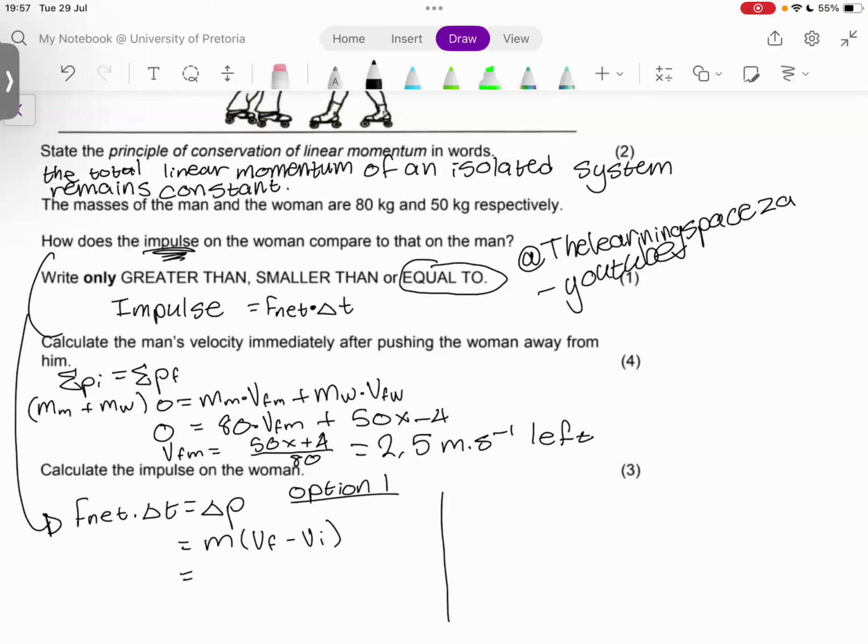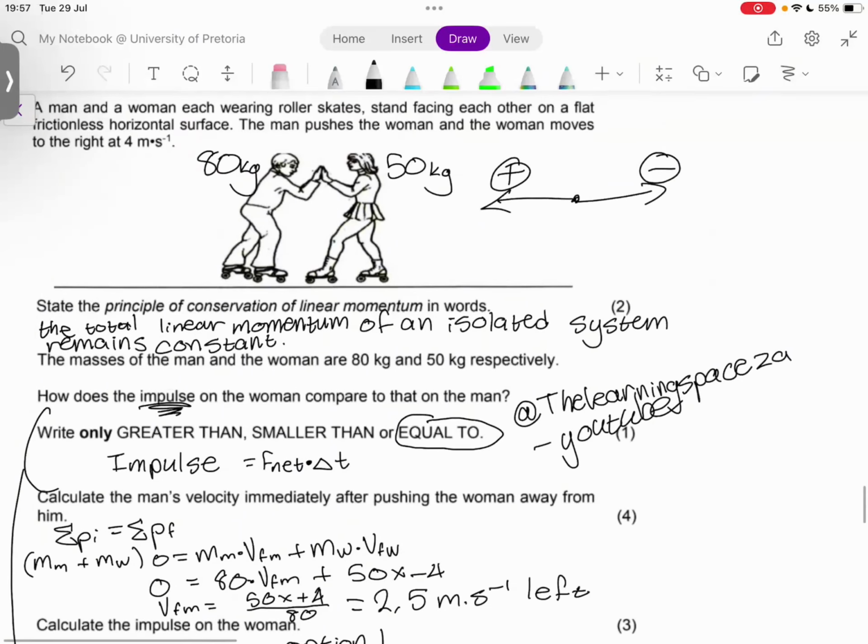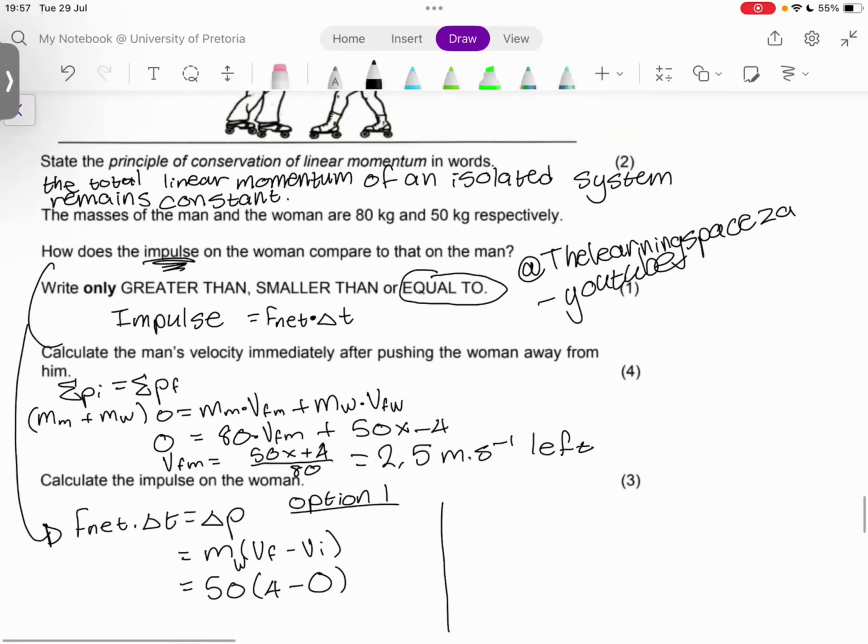Cool. From here, I'm going to substitute in my values. I'm substituting in 50 in place of the mass. In place of the velocities, I'm going to put in 4 as the final velocity and 0 as the initial. Remember, guys, I set my left as positive.